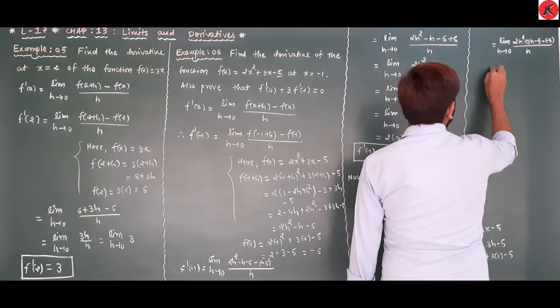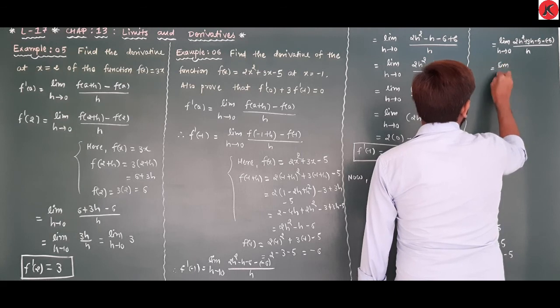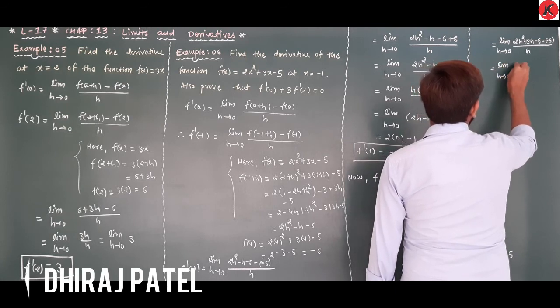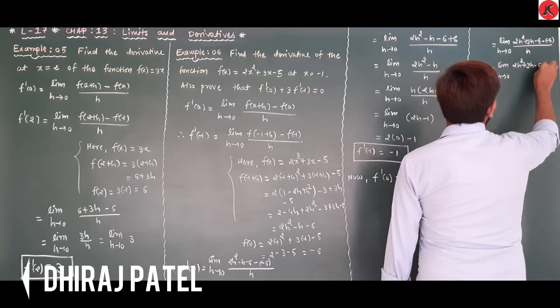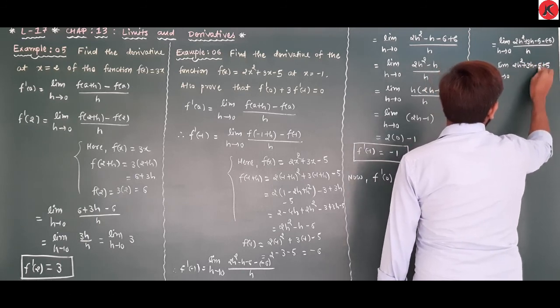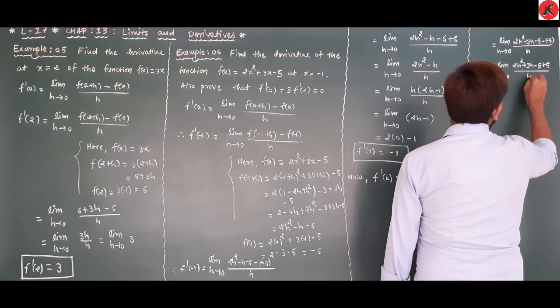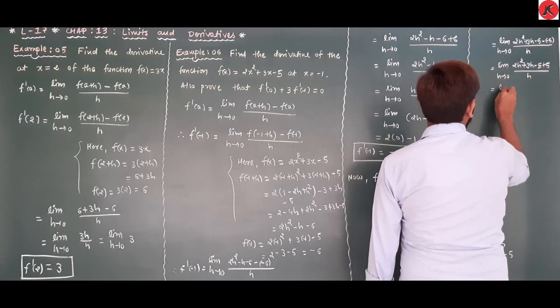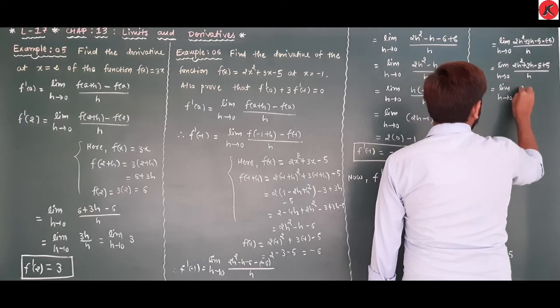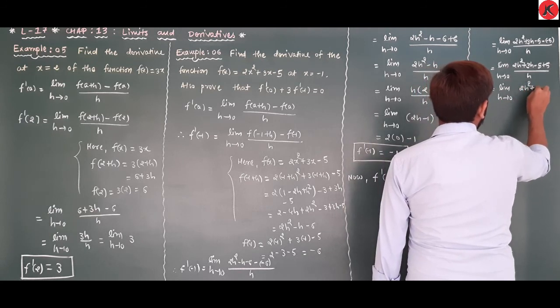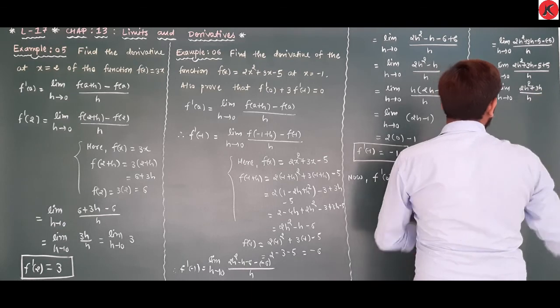Simplify this, we will get limit h tends to 0 2h square plus 3h minus 5 minus minus, plus 5, divided by h. Minus 5 plus 5 get cancelled. Therefore, limit h tends to 0 2h square plus 3h divided by h.